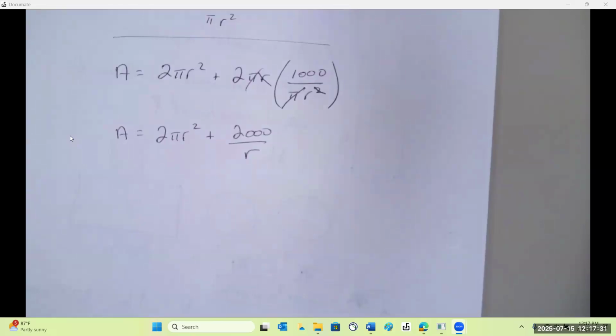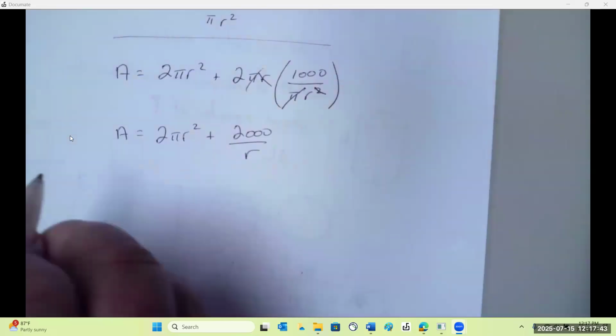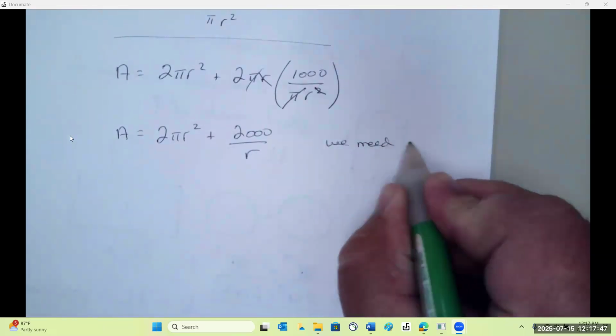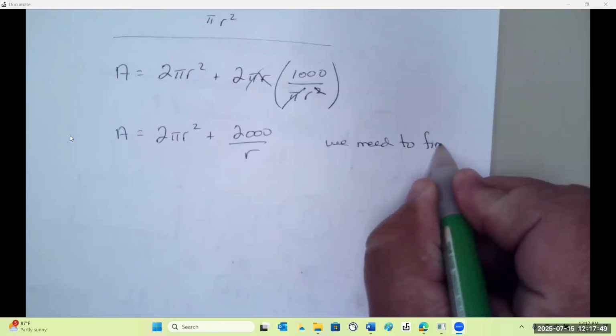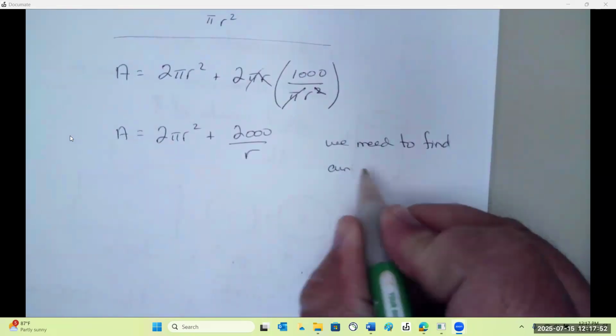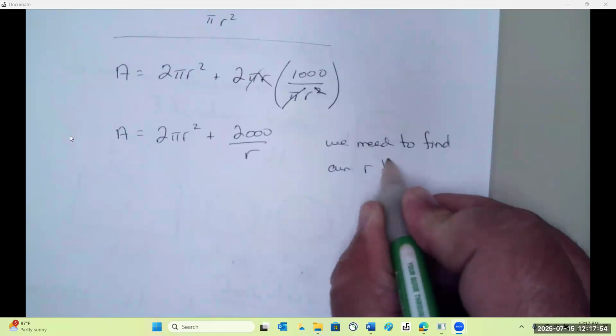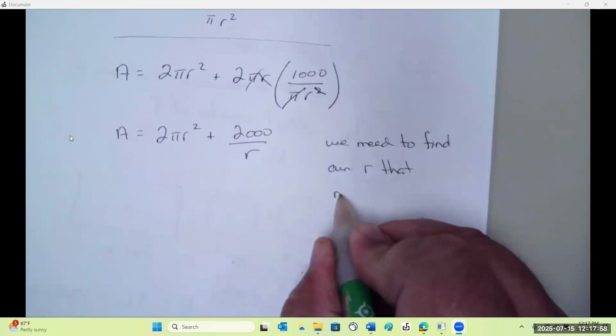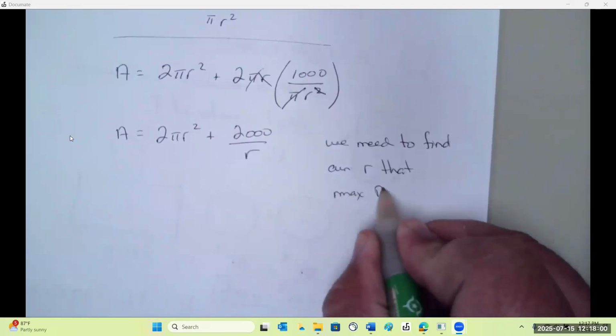We know the formula we're dealing with. It's going to be difficult. Yeah. I mean, we have to find R. We need to find an R that maximizes the area.